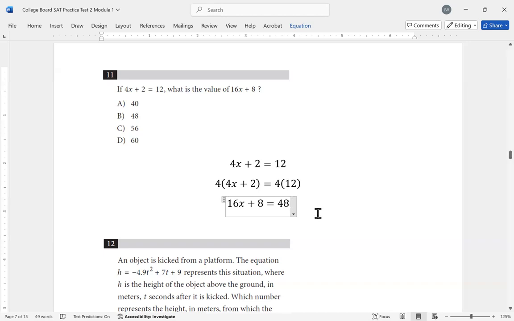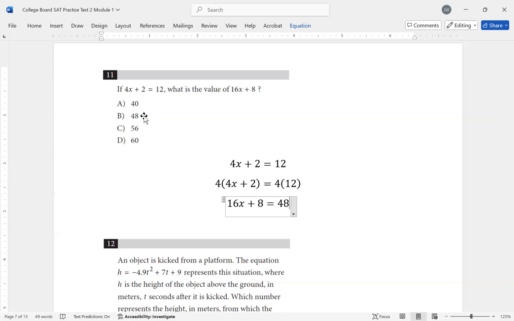And that's obviously equal to 48. So by just multiplying this equation by 4 on both sides, you get an equivalent equation, and now we know that 16x plus 8 is equal to 48. So B would be the answer to question number 11.